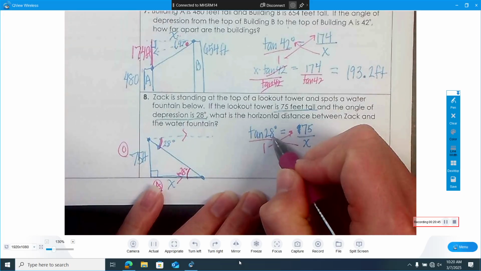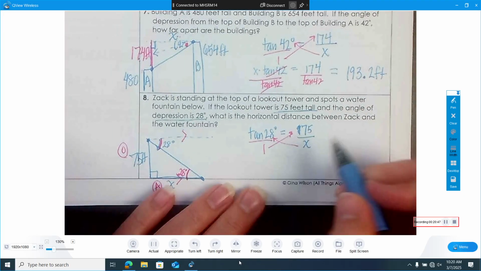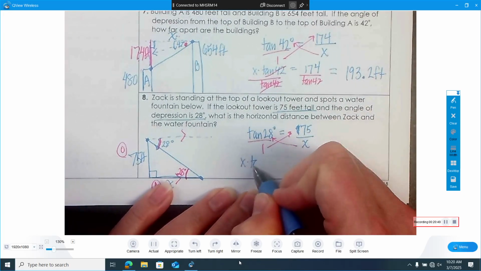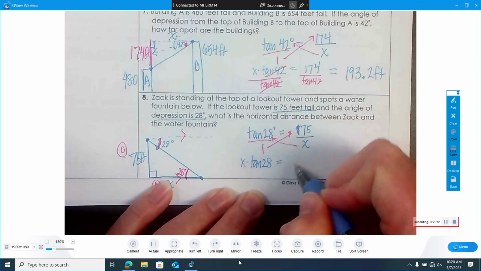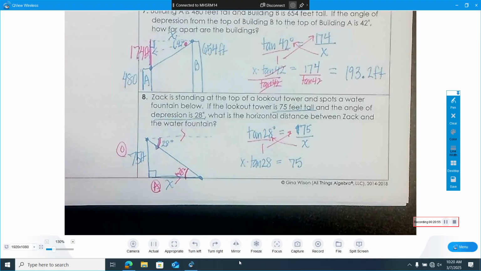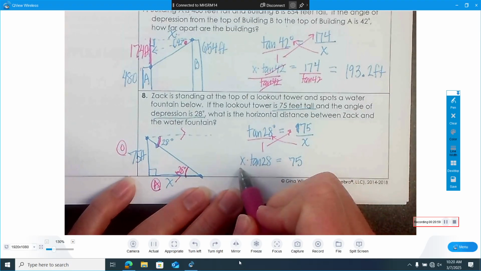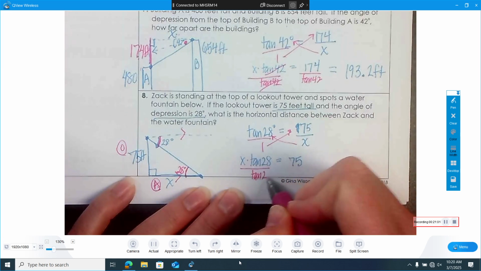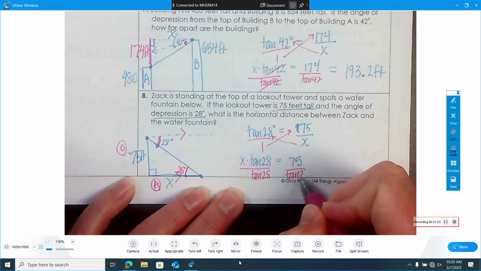All right, I'm going to cross multiply. Once again, we get x times the tangent of 28 equals the 75. And how do we get x by itself? Divide by the tangent of 28.